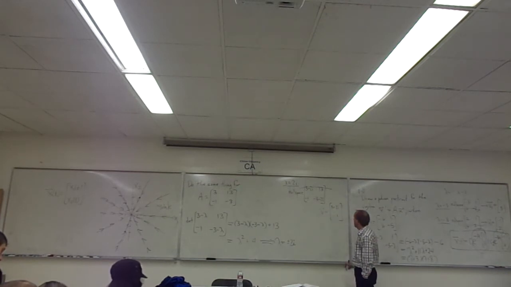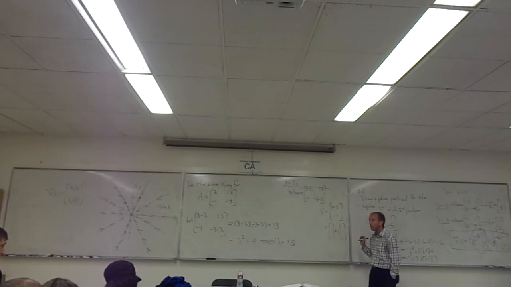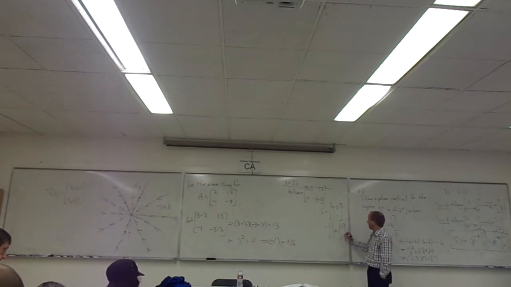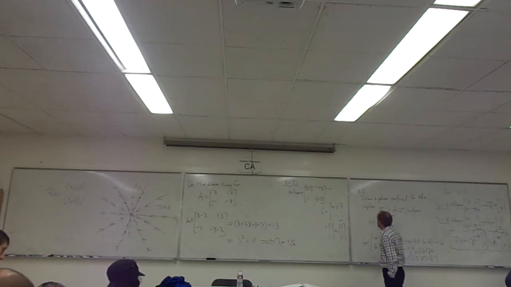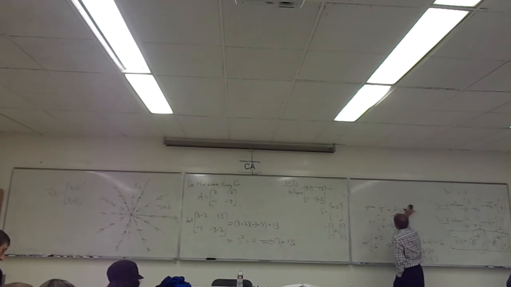Okay. Which we can decompose. We may as well do it now. Can somebody tell me how does that decompose into a real piece and an imaginary piece? 3 and negative 1 on the first entry, and then 2 and 0 on the second entry. Everybody with me? Okay, so now I can start solving it out.